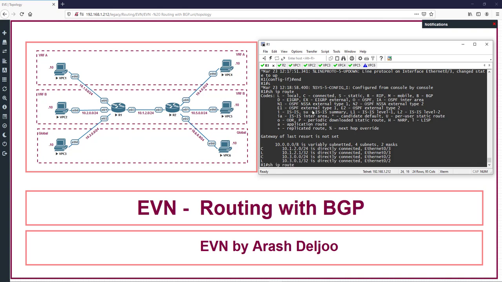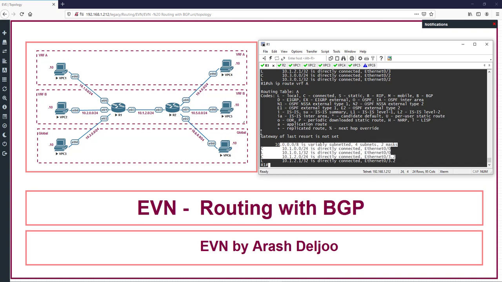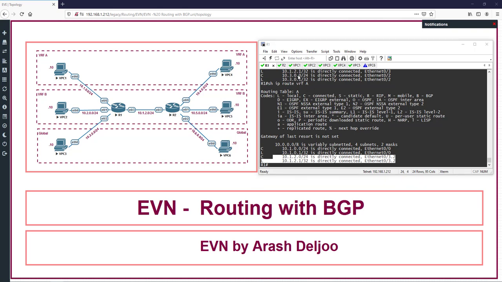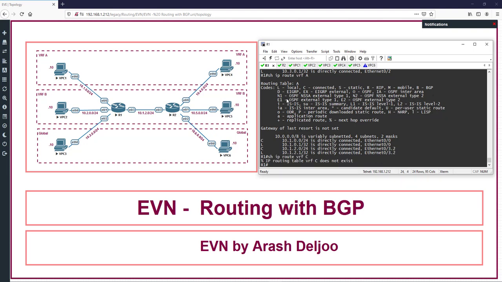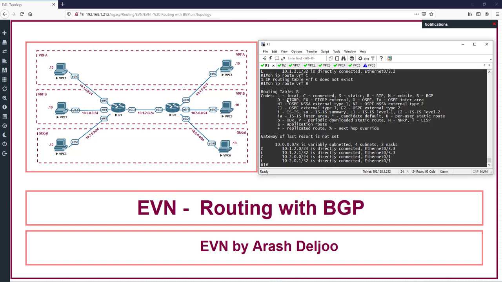Show ip route vrf A. Again, we have two connected networks, one over ETH0/0 and one over the subinterface of 10.1.2.0. You know that ETH0/3.2 is the subinterface of my configured VNet trunk, okay? And then, for example, in R1, show ip route vrf B can show us that we have two connected networks in VRF B.